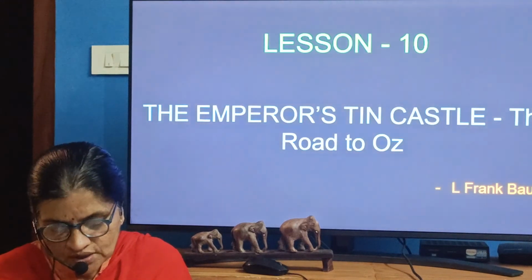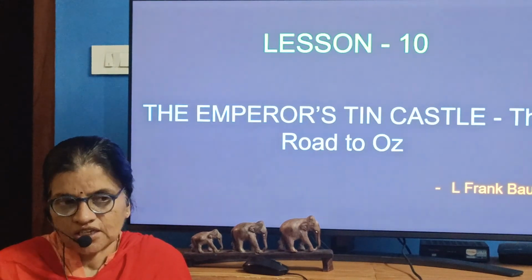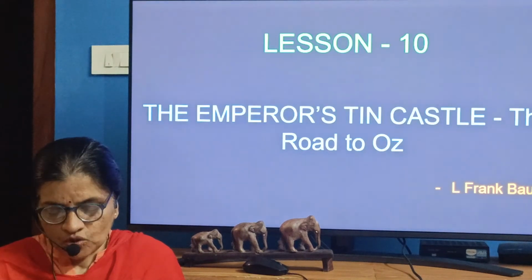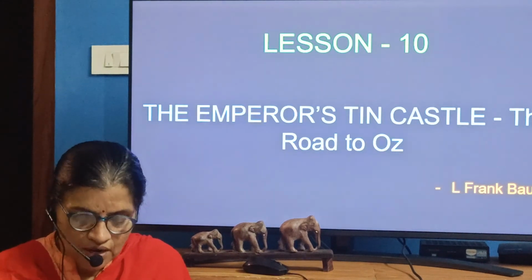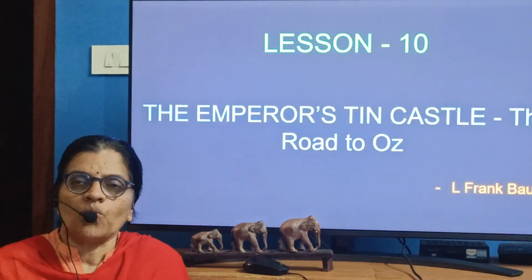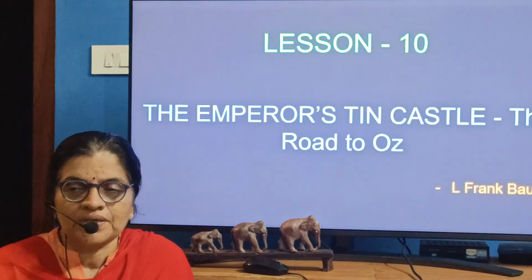They wanted to reach the Emerald City. The Tin Woodman, Dorothy and all her friends marched off along the yellow brick road towards the Emerald City to meet Princess Ozma. So why are they going to the Emerald City? They wanted to see the princess.